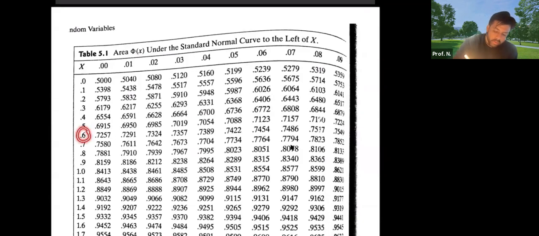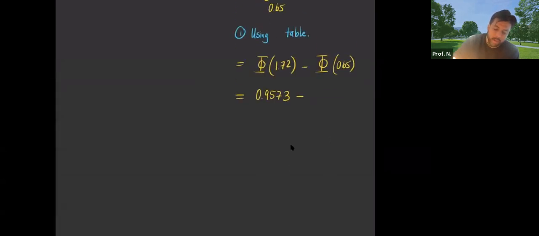So 0.6, 0.5, go across, go to the bottom, and I got 0.7422. That's going to be my area, 0.7422, right? And then when you use your calculator or subtract by hand, 0.9573 minus 0.7422, the area would be 0.2151.